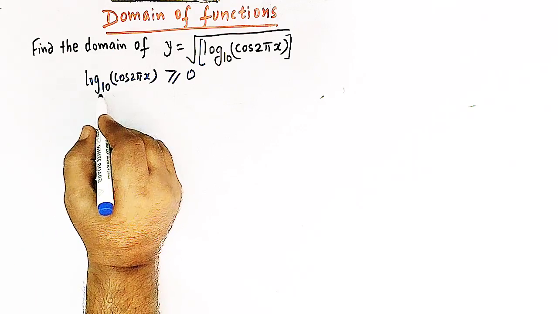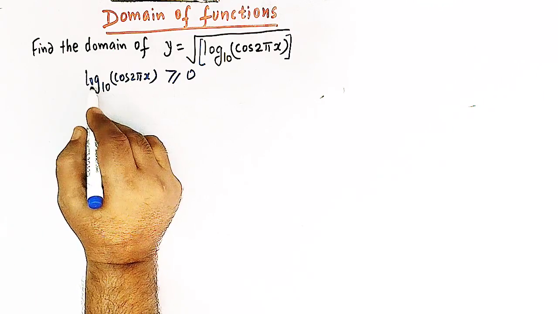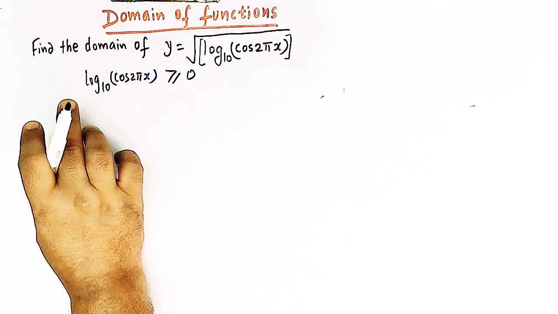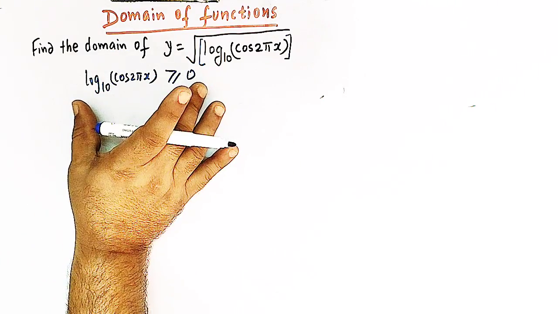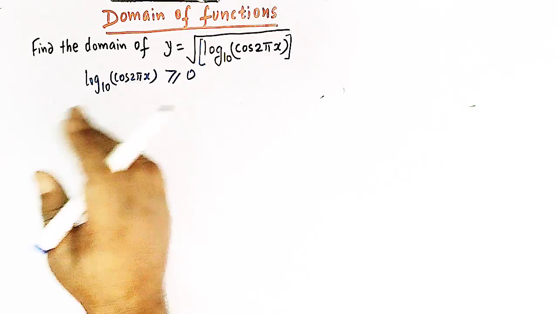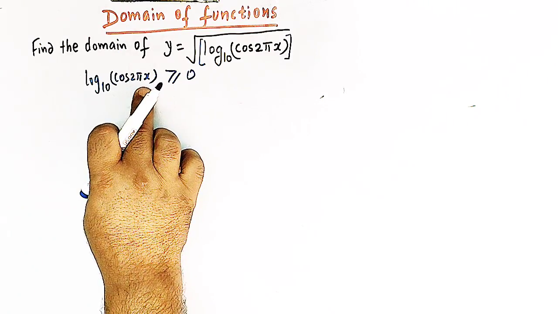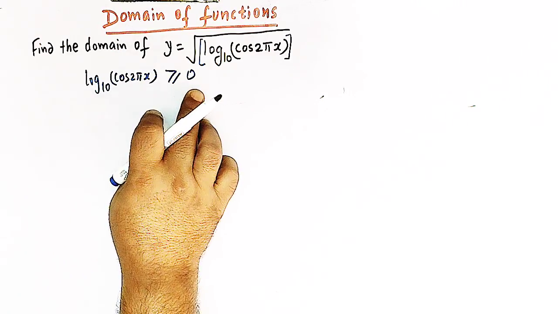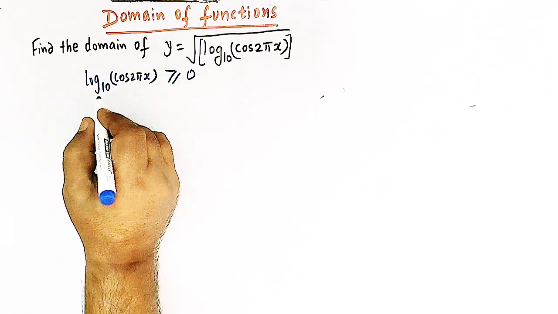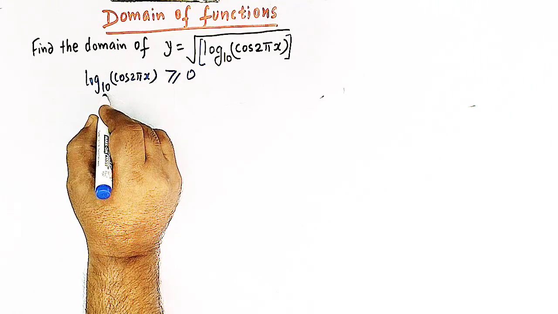Okay, now here we see that the base of the logarithm is 10, right? So now what we will do, we have to solve this inequality for all valid values of x, right? So what we will do, we'll raise both these numbers to the power of 10, right?